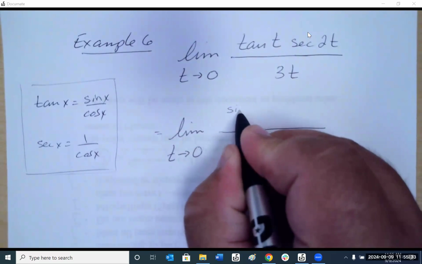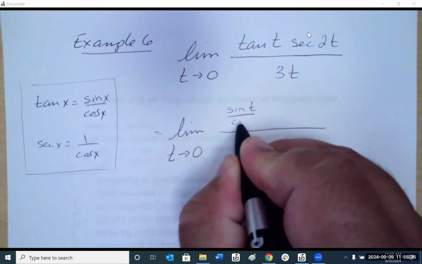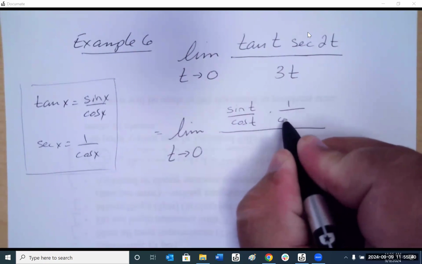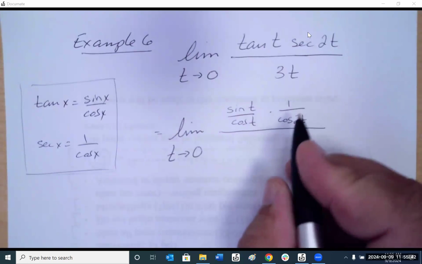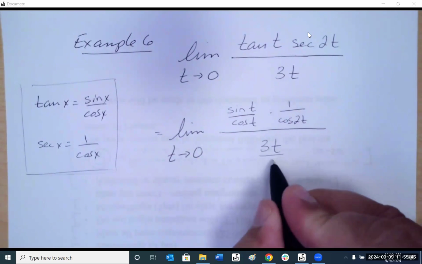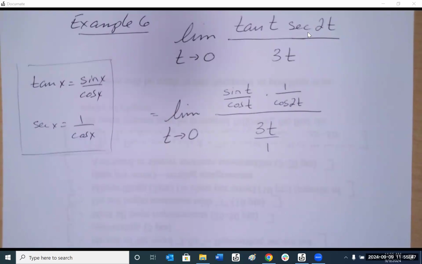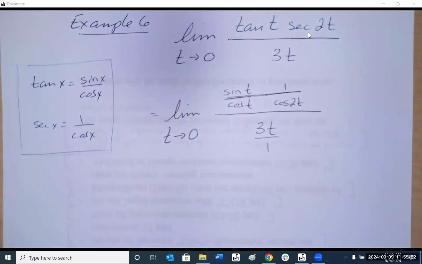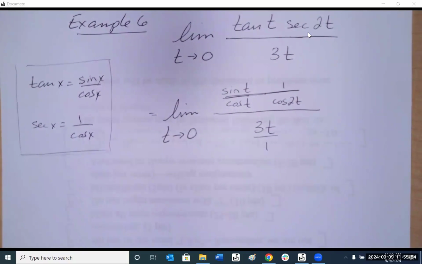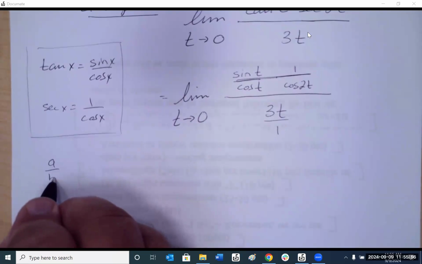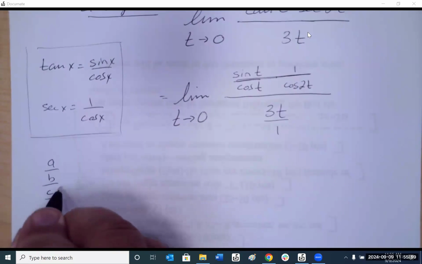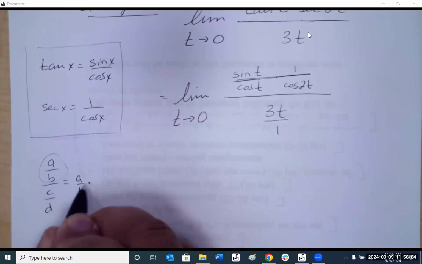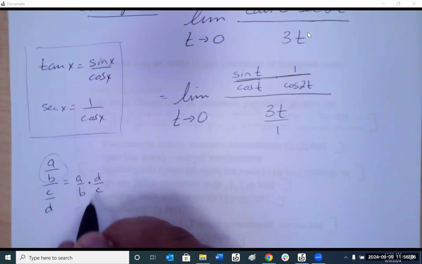This is sine t over cosine t times 1 over cosine 2t, over 3t over 1. So we have a fraction over a fraction. Remember, whenever you have a fraction over a fraction, take the top fraction, leave it alone, flip the bottom, and multiply them together.